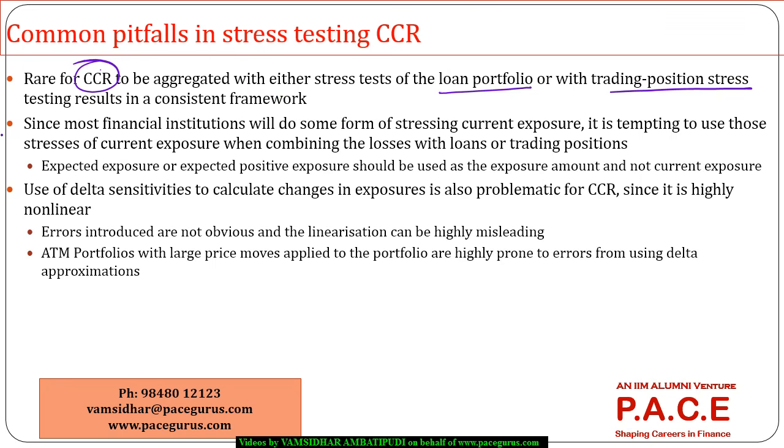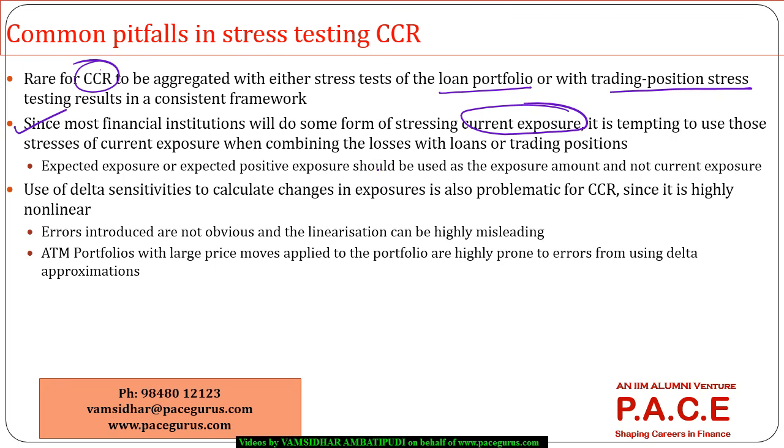But the most serious problem is this. See, the majority of the financial institutions do stress testing on the current exposure. So what they generally are tempted to do is, whatever stress testing result they got on the current exposure, they'll use those results and combine the losses with the loans, future loans and trading positions.